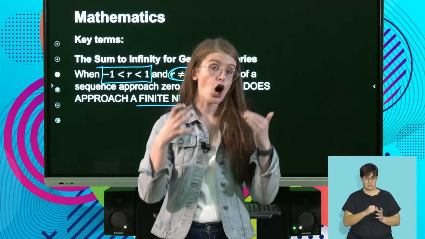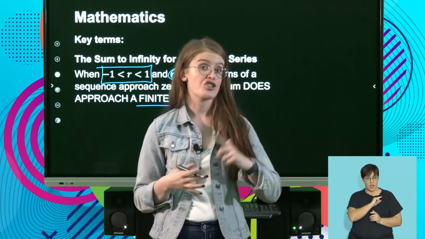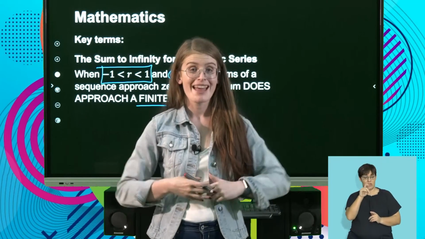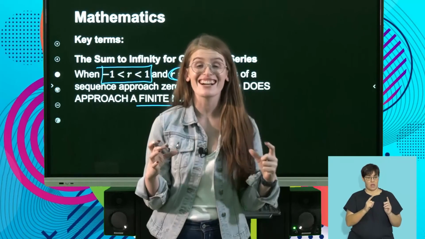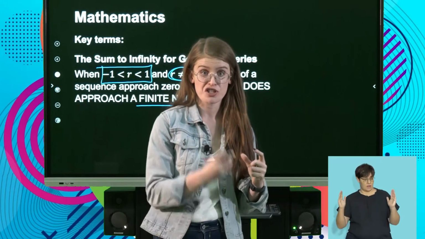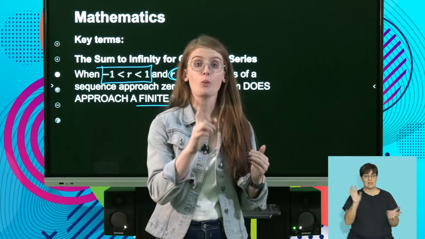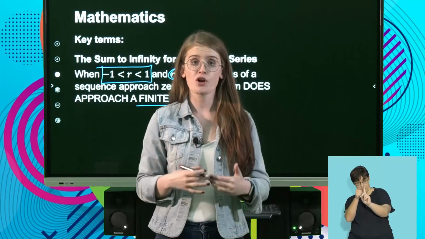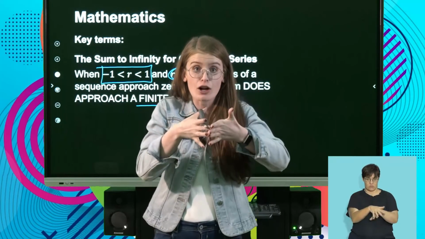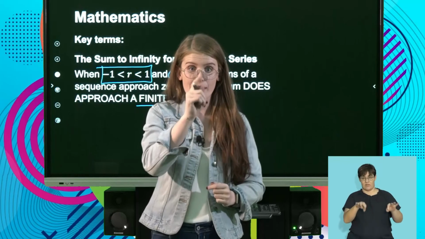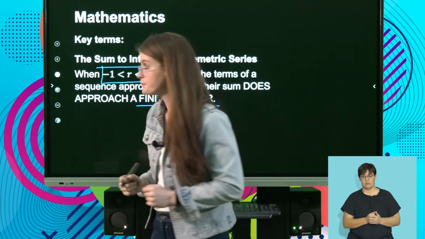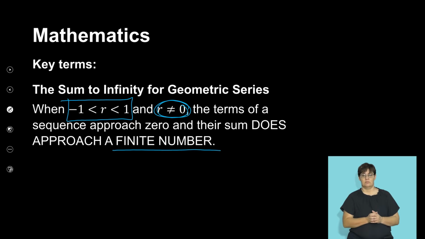The pattern converges when the ratio is between -1 and 1. The actual terms themselves get closer and closer to 0, and their sum gets closer and closer to one specific value. So in other words, the sum is converging, getting closer and closer to one value. Let's go back to the board.